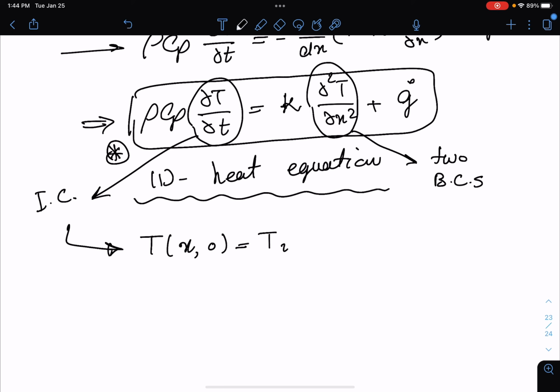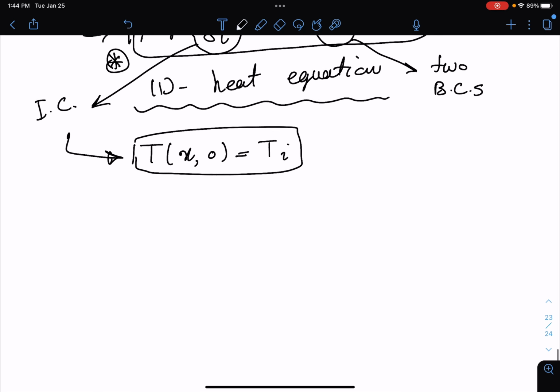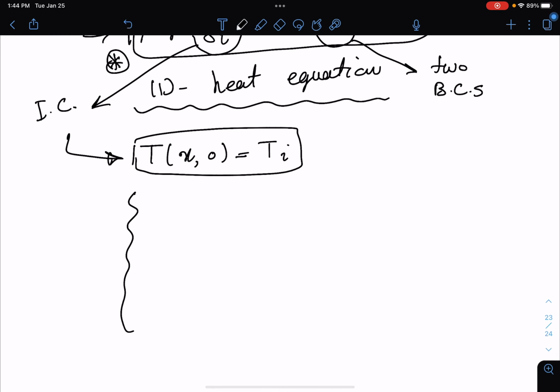Then T of i. The boundary conditions are going to be a little more involved, we are going to have options. The first option we have is a Dirichlet boundary condition.